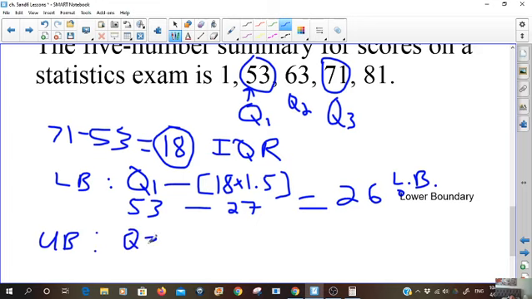So Q3 plus, again, the IQR times 1.5. So that's the IQR times 1.5, which we already figured out, remember? It was 18 times 1.5, and 18 times 1.5 was 27.